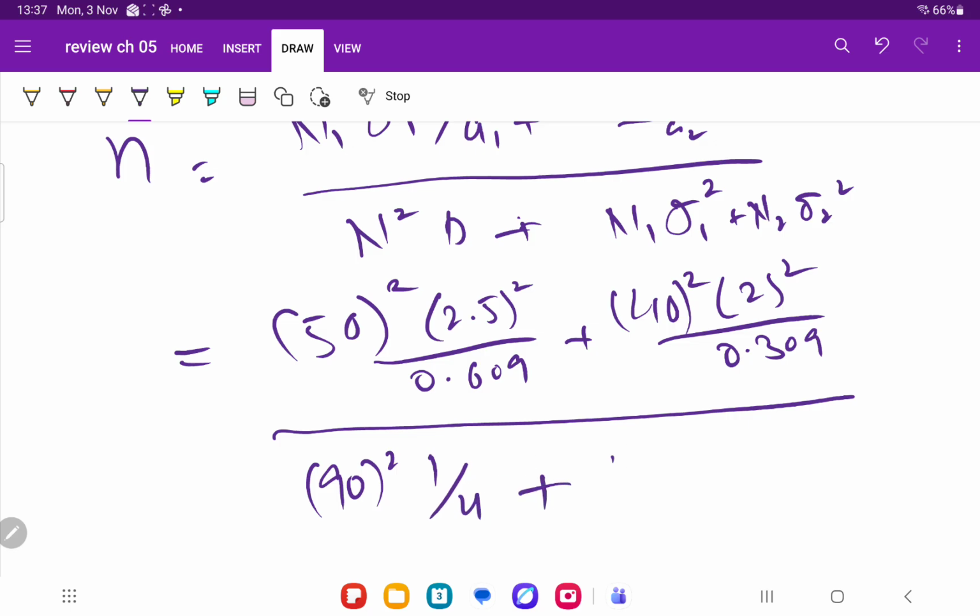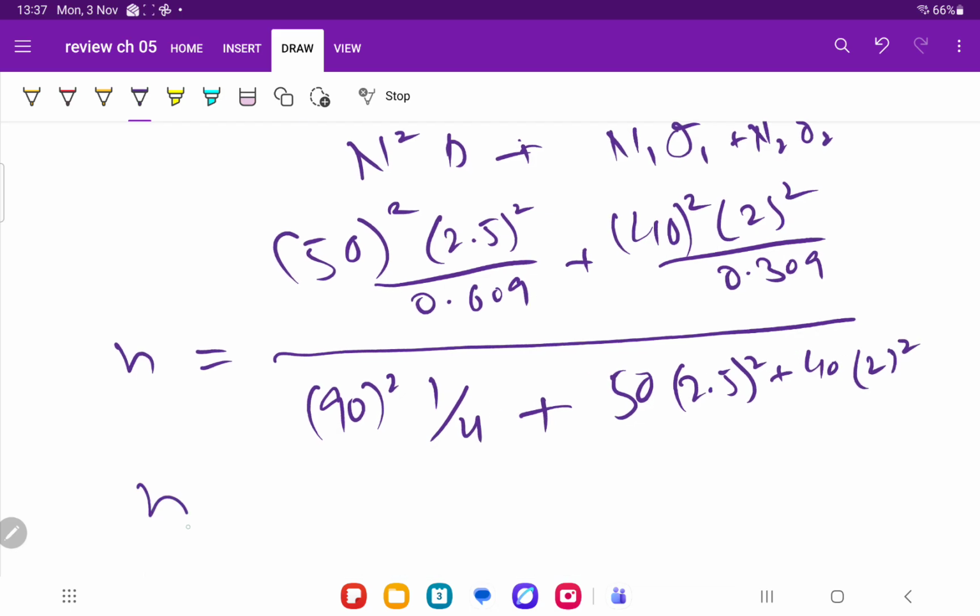plus 50 into 2.5 square plus 40 into 2 square. So by putting all the values, what is n? 16.84, so which is around 17.